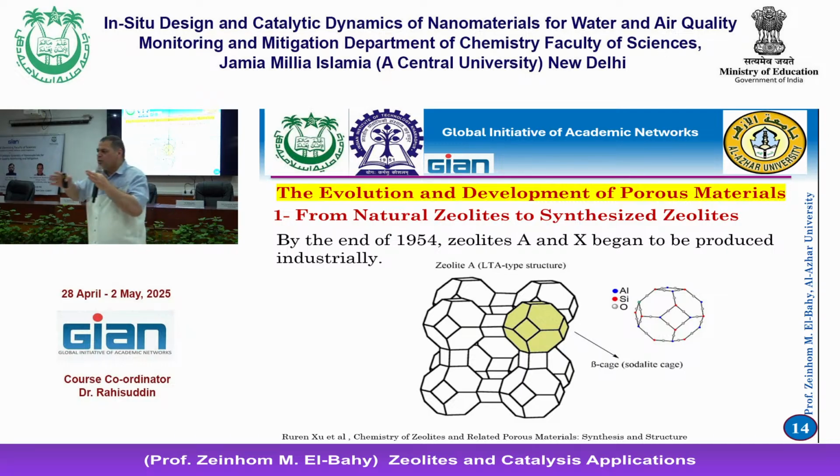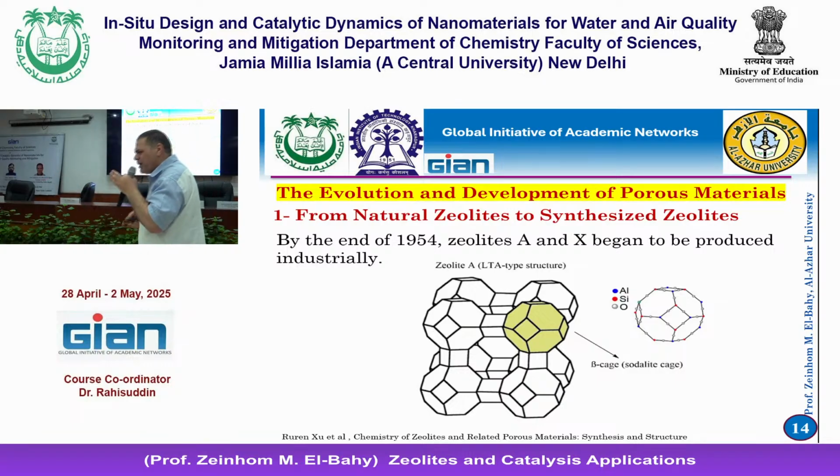So a huge number of zeolites have been prepared at the moment. Because we control how to prepare, how much is the silica alumina ratio, and the conditions of preparation, all of these parameters may produce different types of zeolites which are used for different purposes.